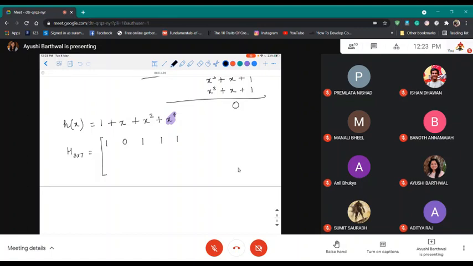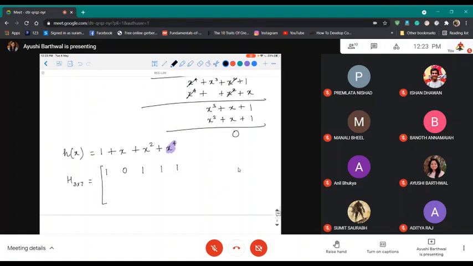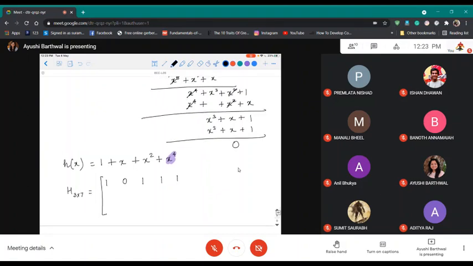How many zeros over here? You have to make 7. The number of columns is 7, so 5 are already there. You have to fill 2 zeros over here.